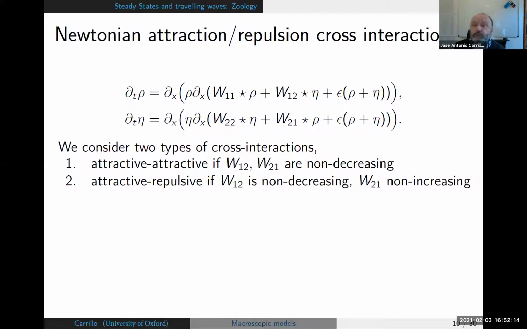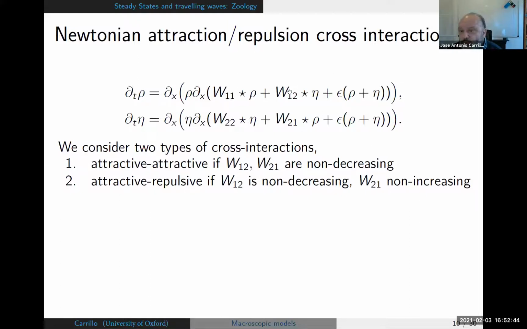And to concentrate the discussion, let's look at two particular cases that are important. I'm going to take now W11 and W22, so the interactions between the same type of cells, as equal, and I'm going to take them equal to just x squared in one dimension. So they are just fully attractive. They like each other, with a certain very strong repulsion.